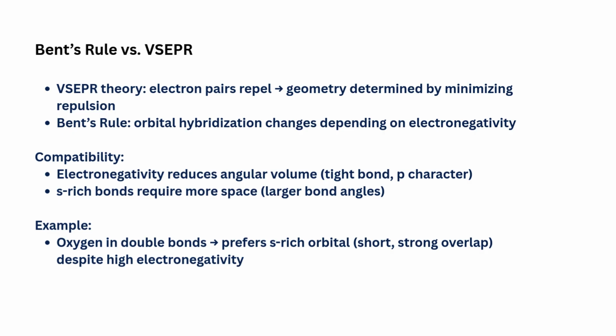It tells us how orbital hybridization adjusts depending upon electronegativity. For example, bonds rich in p character are tighter and occupy less angular volume, while s-rich bonds need more space and thus give larger bond angles. So Bent's rule complements VSEPR theory. It doesn't replace it, but makes our understanding more accurate.